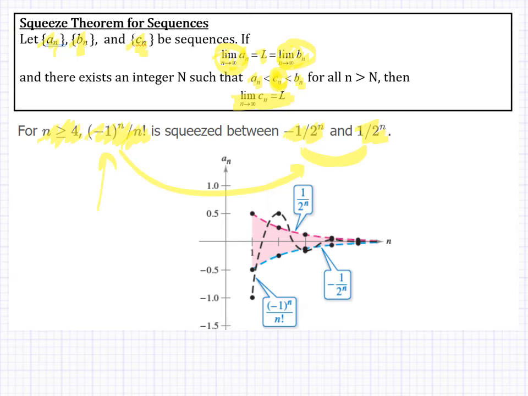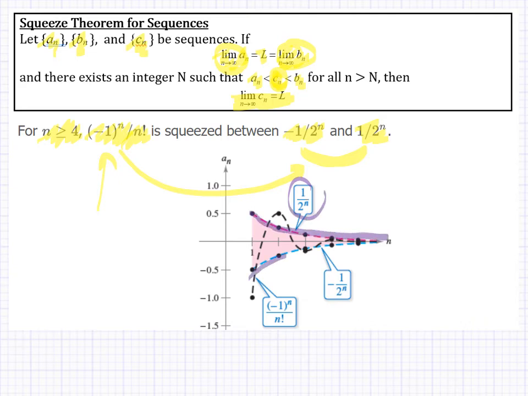You can see that in this graph, this right here, this curving sequence of terms, okay, is the sequence we're looking to evaluate. However, if we look at 1 over 2 to the n, its terms constantly go down to 0.